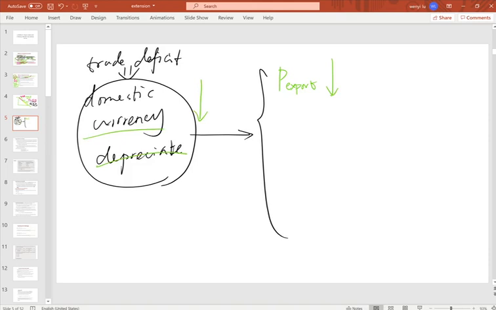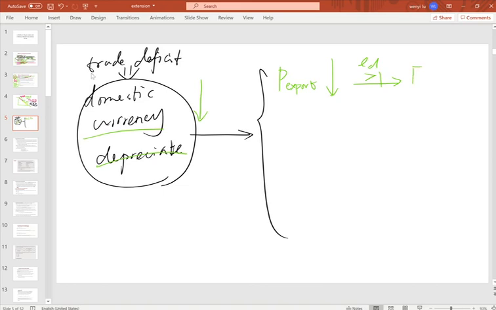Actually, there are two situations. For example, if the elasticity of demand of your export goods is more than one, what happens while the price goes down? People are very sensitive to the price cut, so they will buy much more.